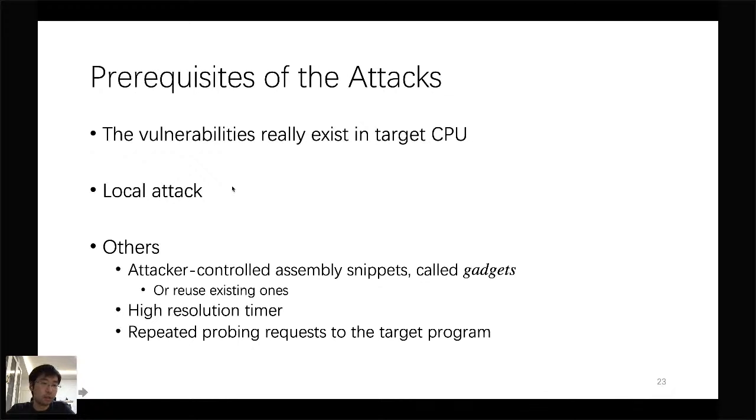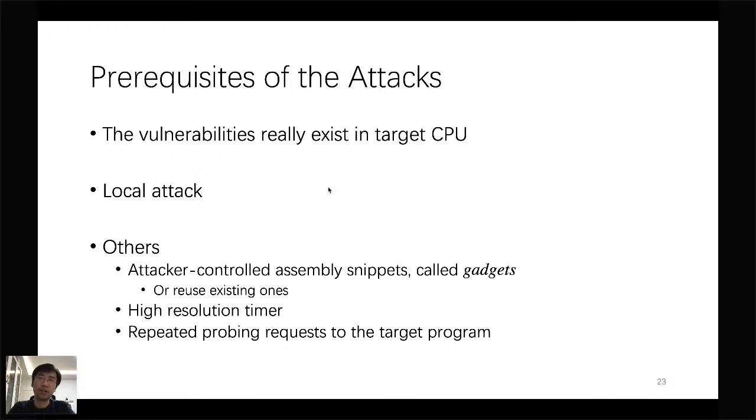And the second prerequisite is that it can only be attacked locally, which means the process from the attacker needs to be on the same machine as the victim process. This is also a very important prerequisite.